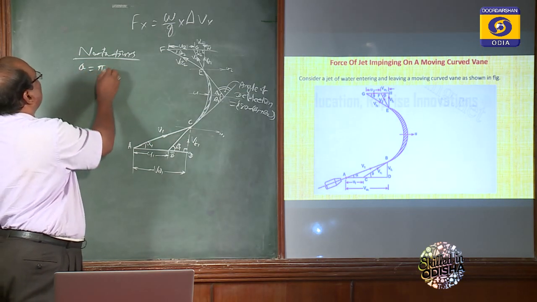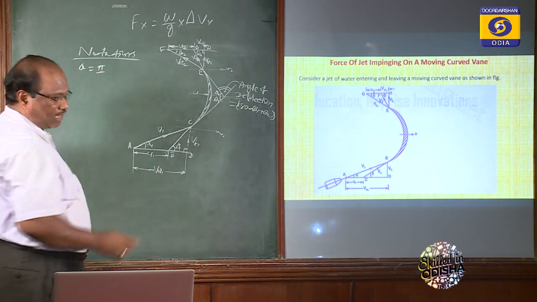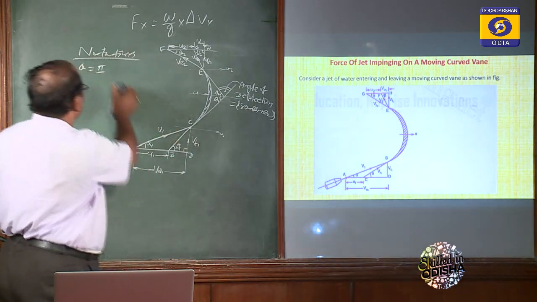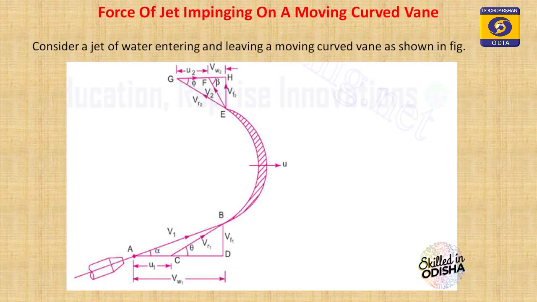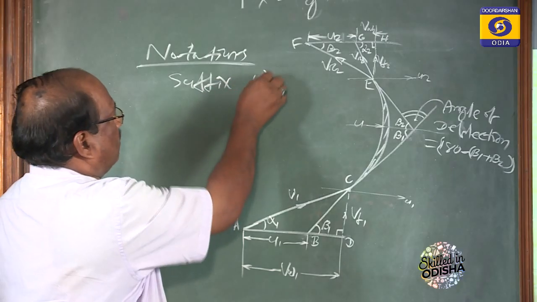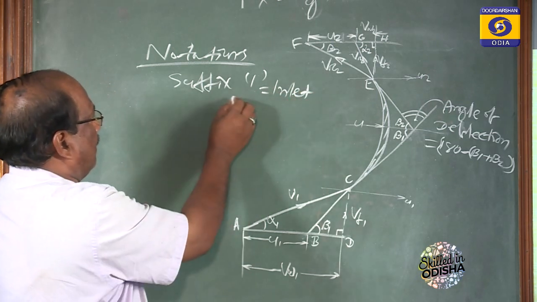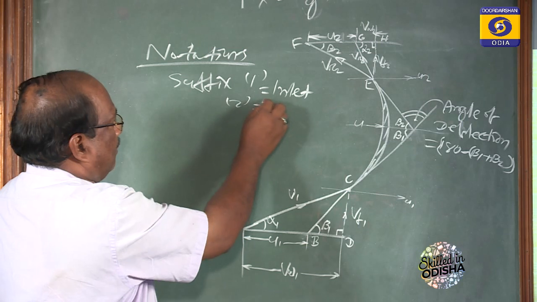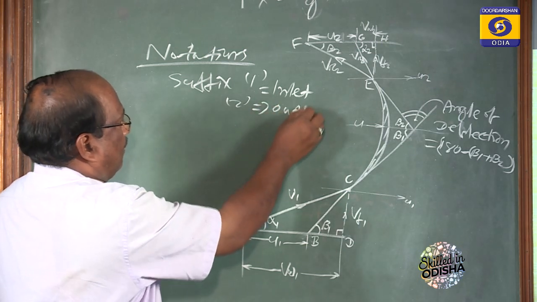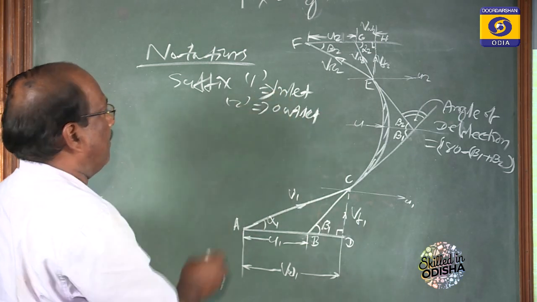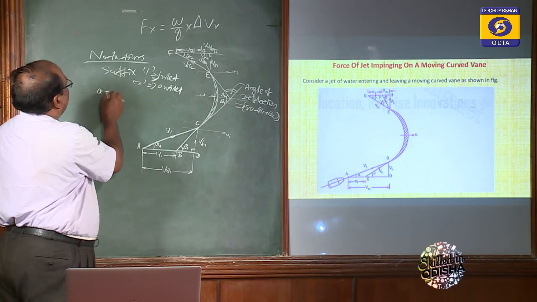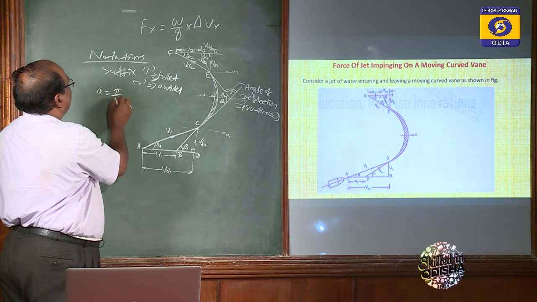Let us take suffix 1 for inlet and 2 for outlet. A is the cross sectional area of the jet, pi by 4 d square.